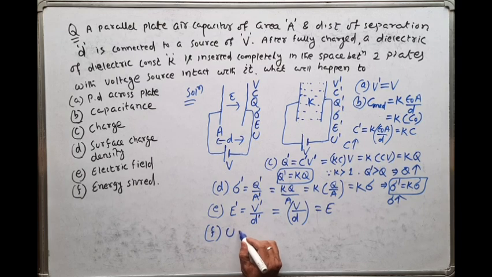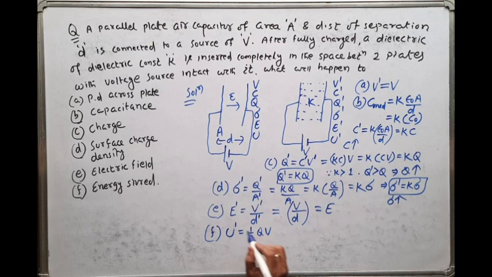Come to the last bit, energy stored. The energy formula is half Q into V. So U dash is equal to half Q dash into V dash.